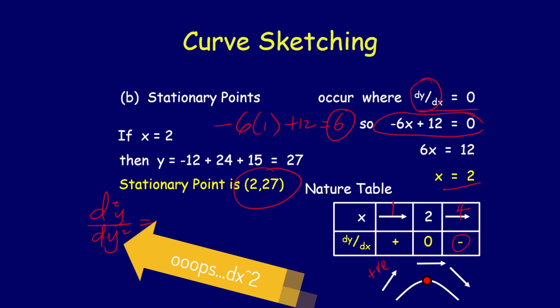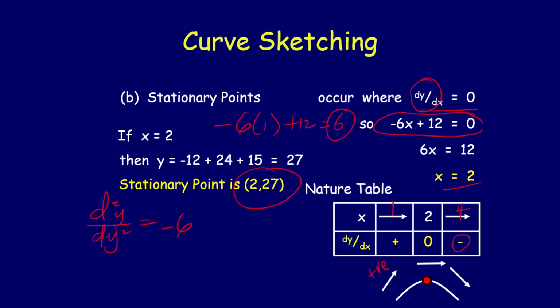If you differentiate again, you get now the second derivative. So if you differentiate this one, you get negative 6, and plus 12 is 0. So you see that you're getting negative. So if you get the second derivative as negative, then that one becomes a maximum point.